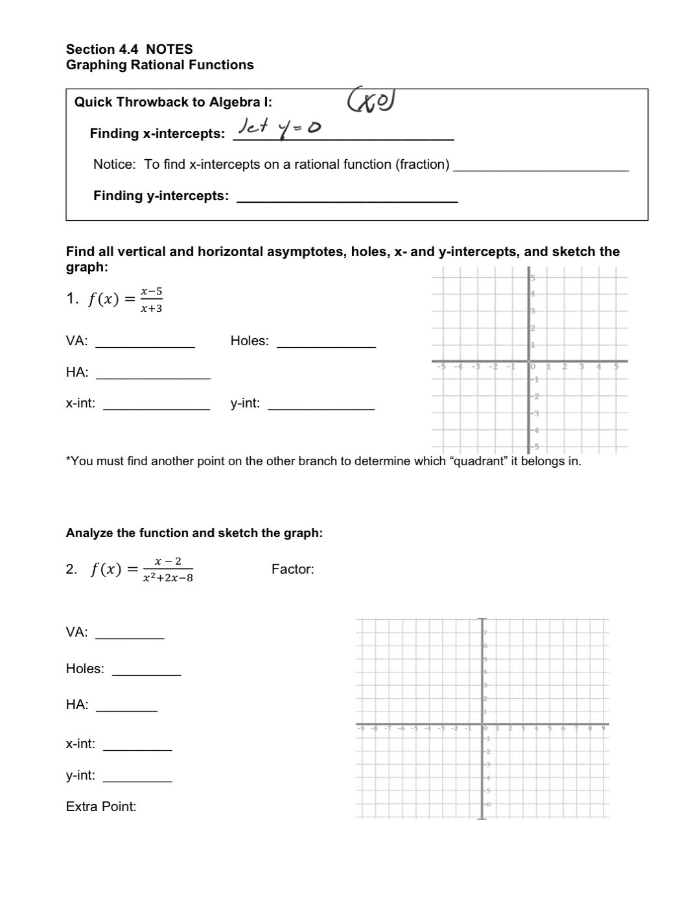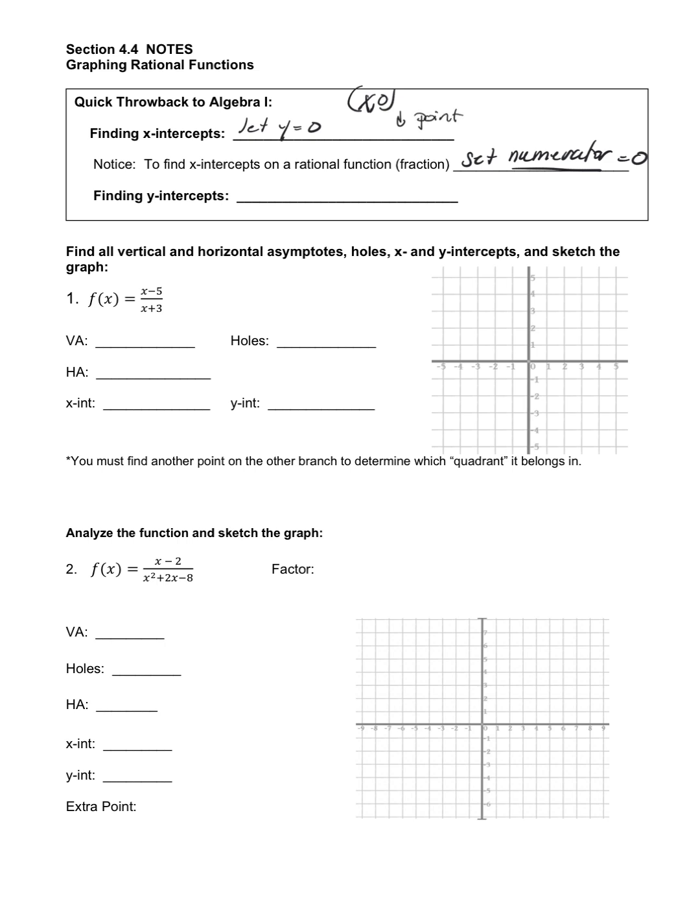And to find x-intercepts on a rational function, you're going to set the numerator equal to 0. That's the only thing to set, and we'll do some examples of that, so make sure you pay attention. Remember, this is a point, so write it as such.